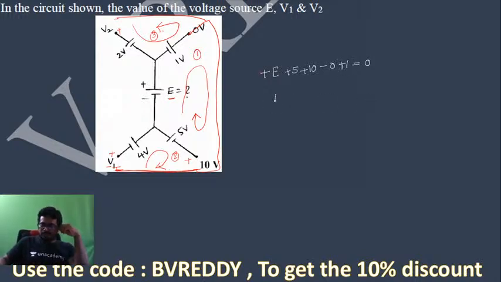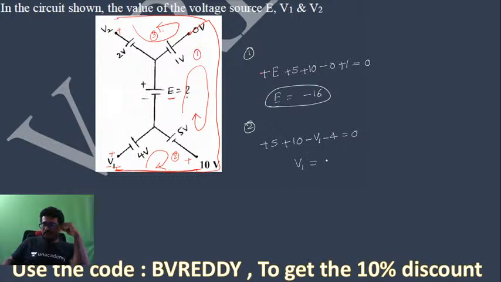So E equals how much? Minus 16. For the second loop, if you apply KVL, this is plus 5 plus 10 minus V1 minus 4 equals 0. So V1 equals how much? 11.